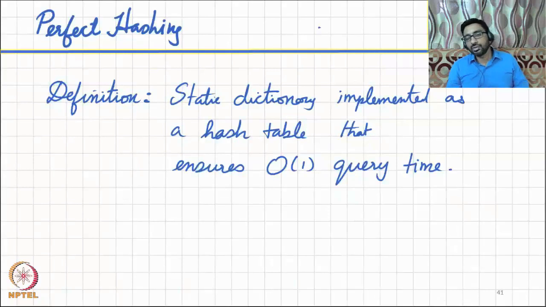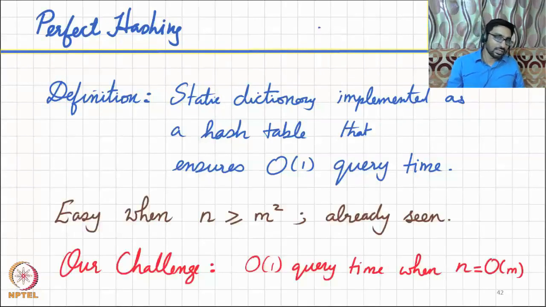So all of this discussion motivates what we call perfect hashing. We want to store a static dictionary, and we want to have that implemented as a hash table. And the key requirement is that our query time in the worst case must be O of 1. And as we have just seen, if we are allowed to use a much larger table, so if we are allowed to use a table of length at least 2m squared, then this problem is already solved.